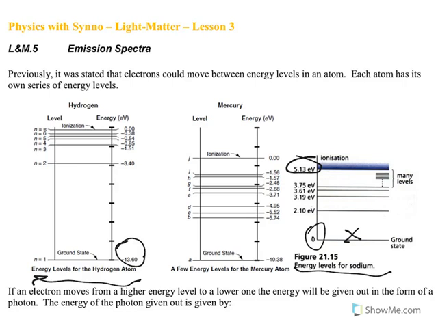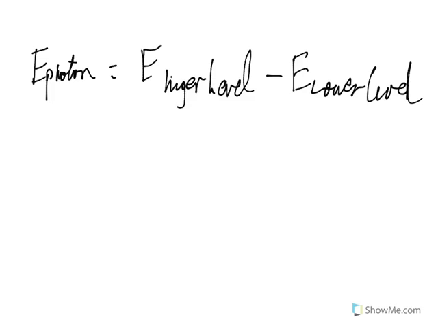It doesn't make any difference which one you use; you can still use this relationship for the energy of the photon. The photon energy we've already done is hf. So the energy of the photon required is given by the high level minus the lower level, and then you can figure out what frequency, and hence what colour, that needs to be.